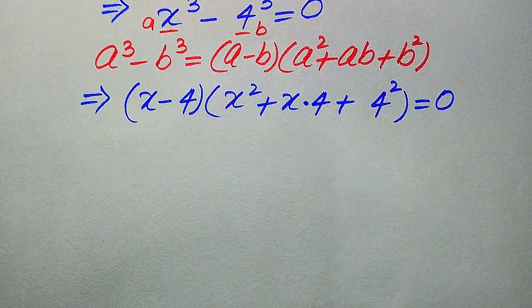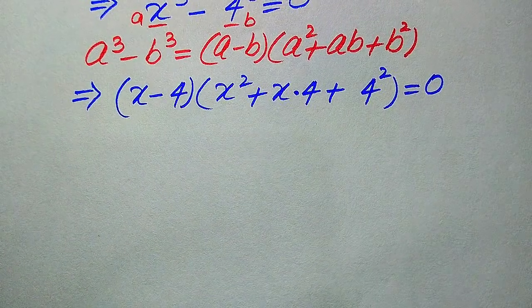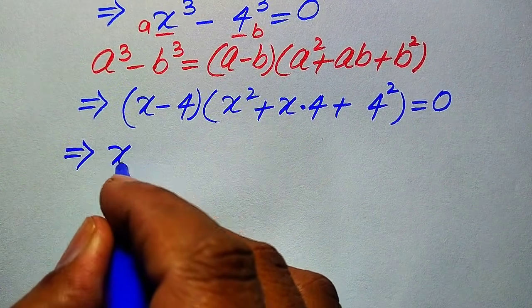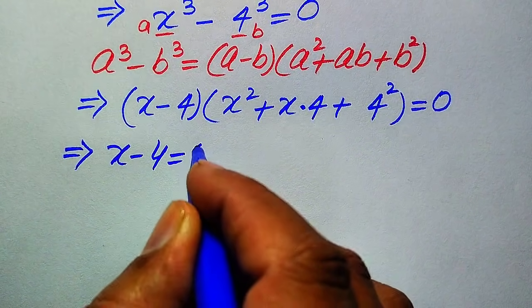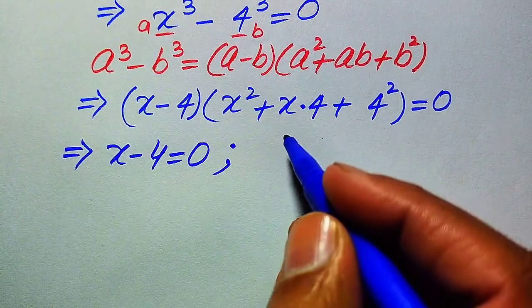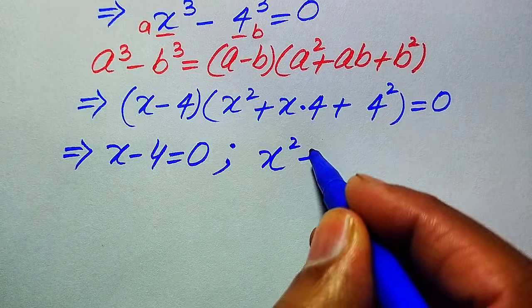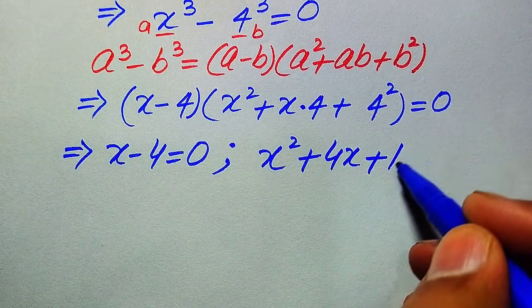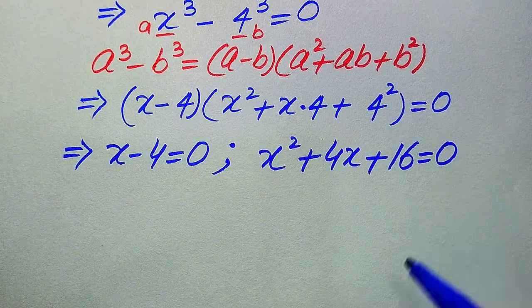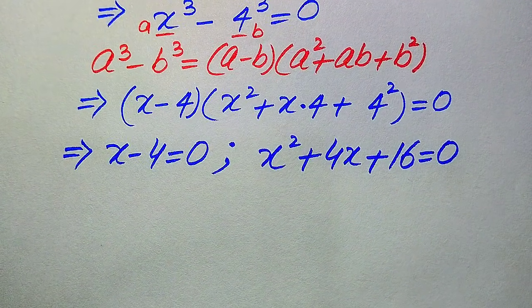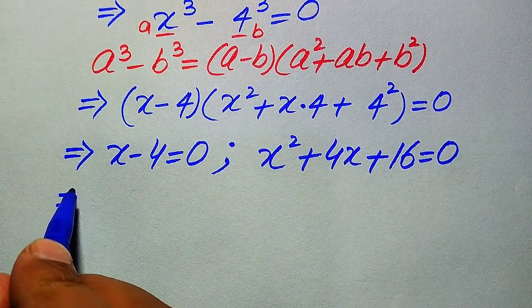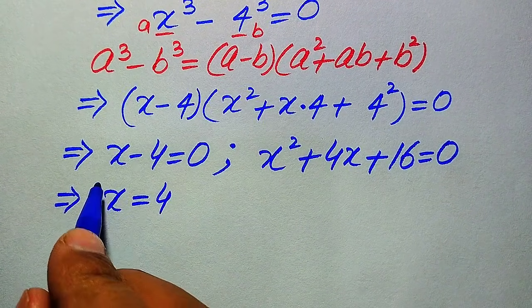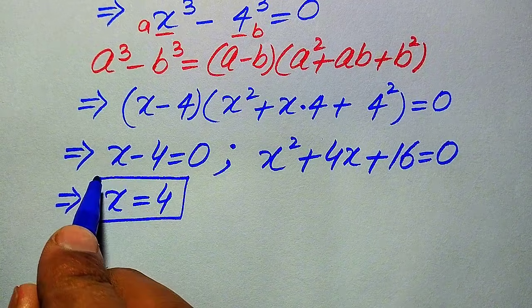In the next step we divide this into two cases. The first case is x minus 4 equals 0, and the second case is x square plus 4 times x plus 4 square, which becomes 16, equals 0. From here we easily get the value of x equals 4. This is the first root of the given equation.